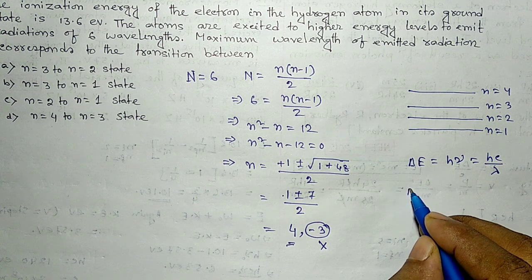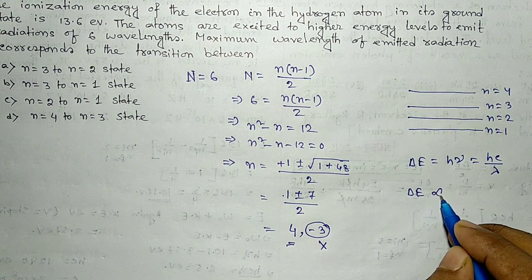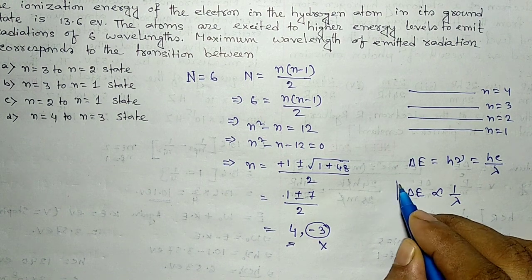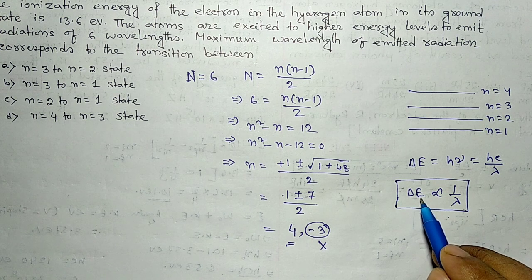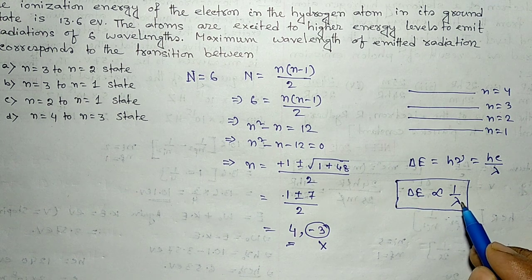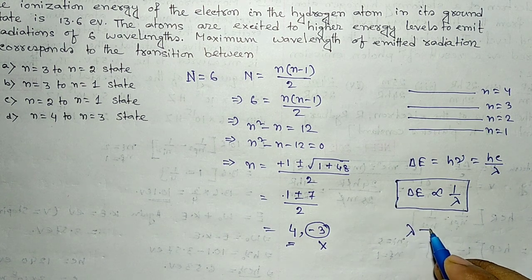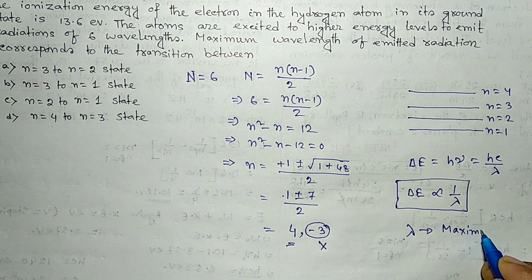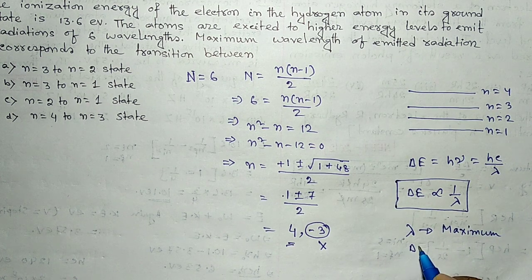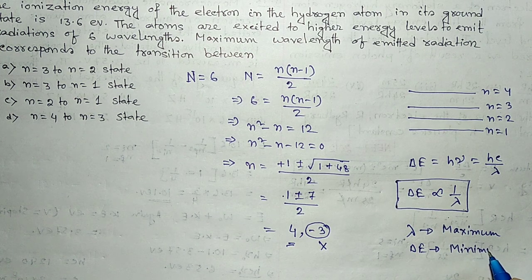Now delta E, that is change in energy, is proportional to 1 by lambda. Where change in energy is minimum, there lambda will be maximum. So lambda will be maximum when delta E will be minimum.